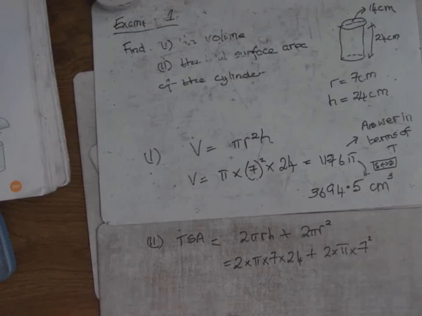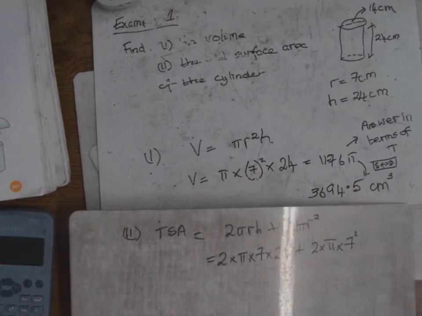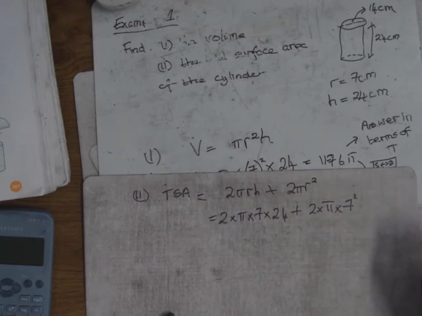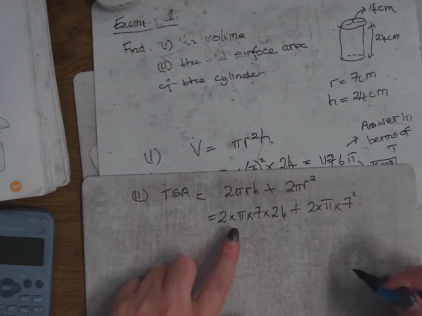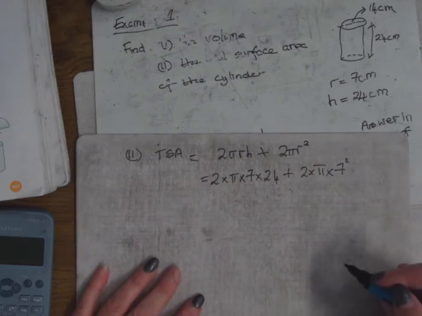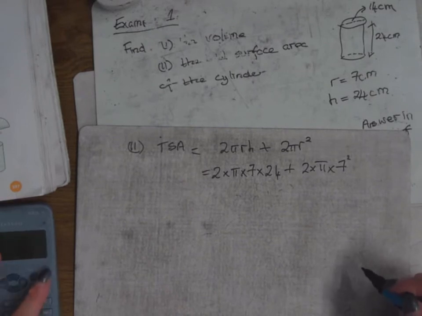Is that okay? 2 pi RH. And then the second one is 2 pi r squared. Right?